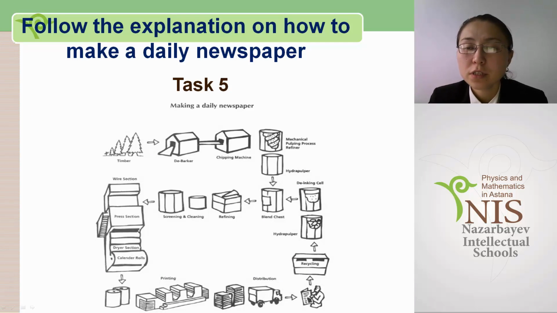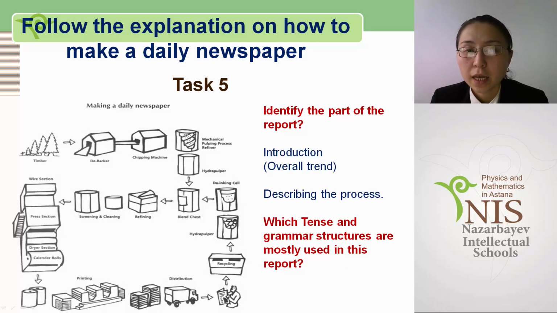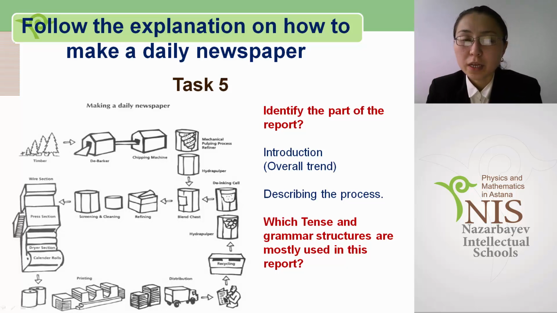Now you need to follow the explanation on how to make a daily newspaper. And you should think mostly about the IELTS task 1, how you're going to describe it, what kind of IELTS vocabulary you're going to use. Should your describing be structured or not?